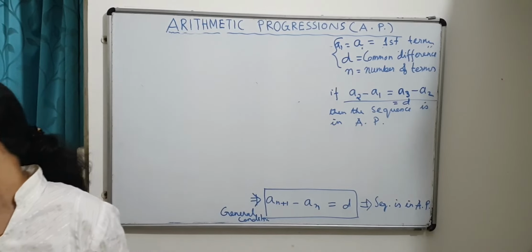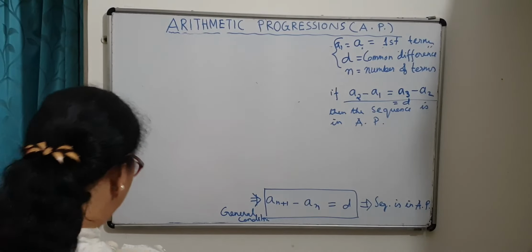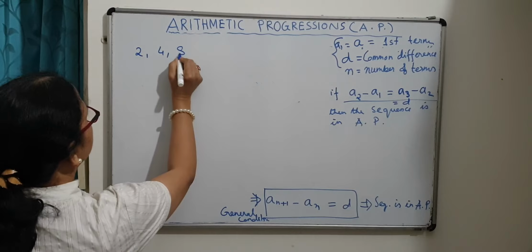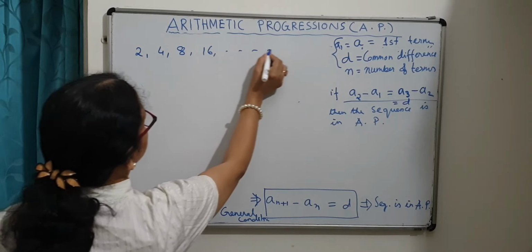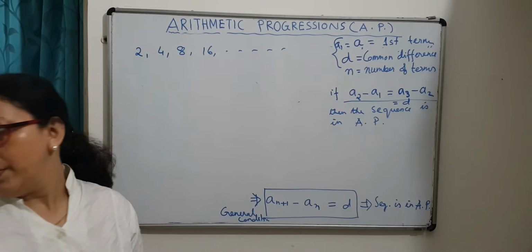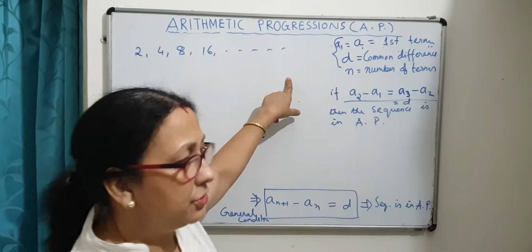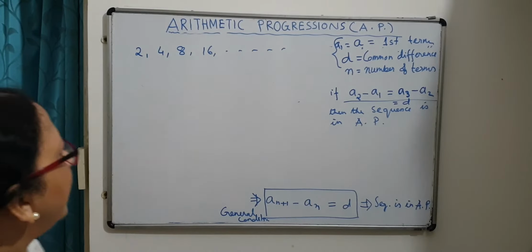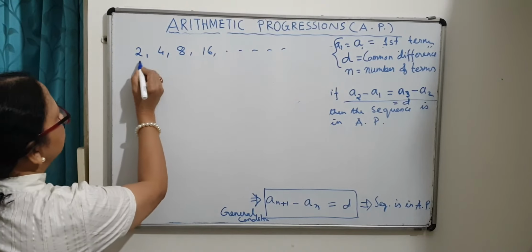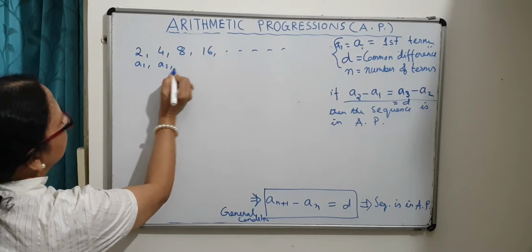So let me take one sequence: 2, 4, 8, 16, and so on. I don't know how many terms there are. I have to check whether this sequence is in AP or not, so I have to check this condition. This is A1, this is A2, A3.